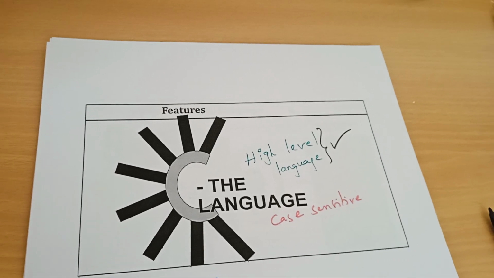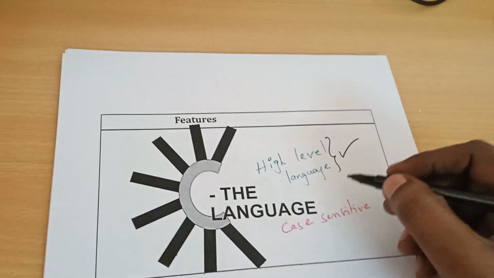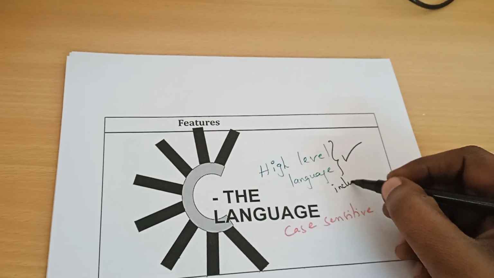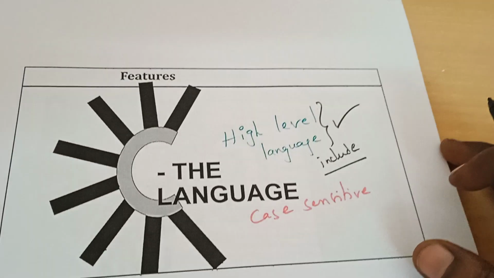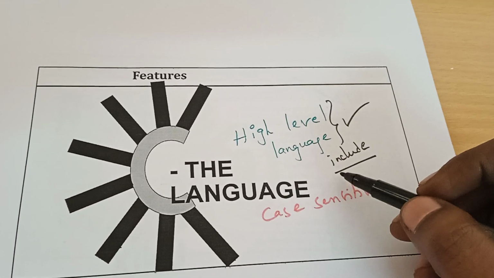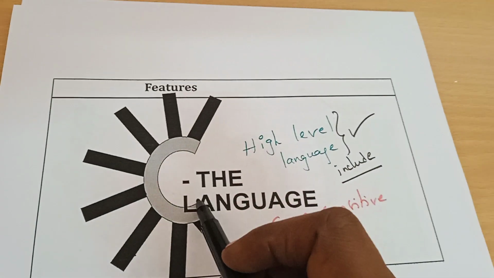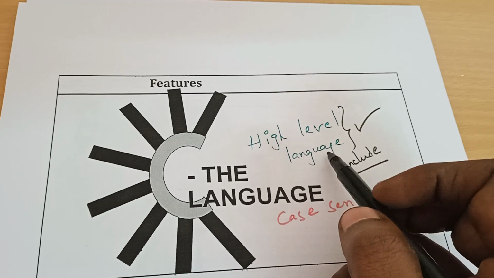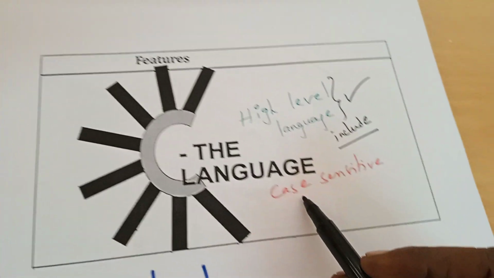You can find some terms in C language, like include is a term, which is taken from general English language. So it is a user level language. So C is a high level language.